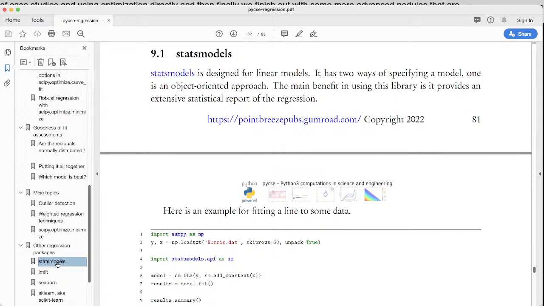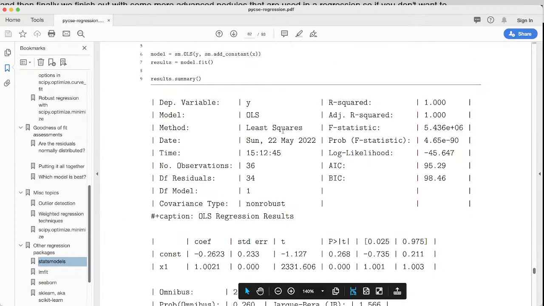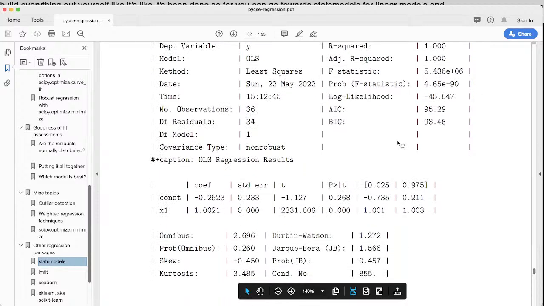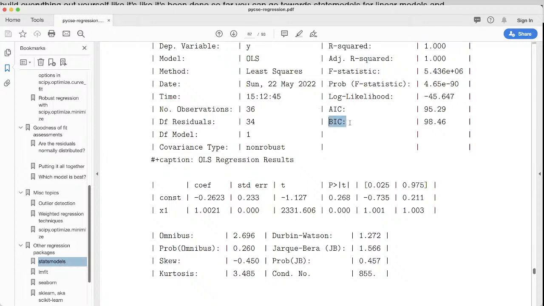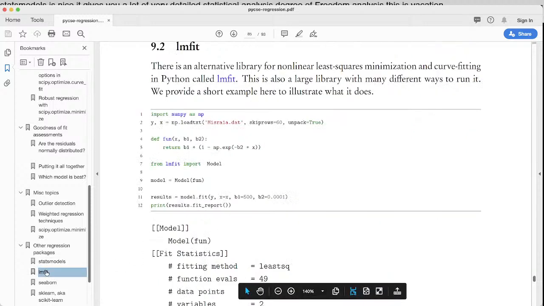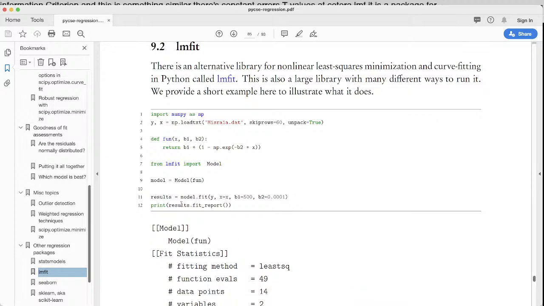So if you don't want to build everything out yourself like it's been done so far, you can go towards statsmodels for linear models. And statsmodels is nice. It gives you a lot of very detailed statistical analysis, degree of freedom analysis. This is Bayesian information criterion, and this is something similar. There's constants, errors, t-values, etc. lmfit is a package for nonlinear least squares minimization, and there's examples of that.